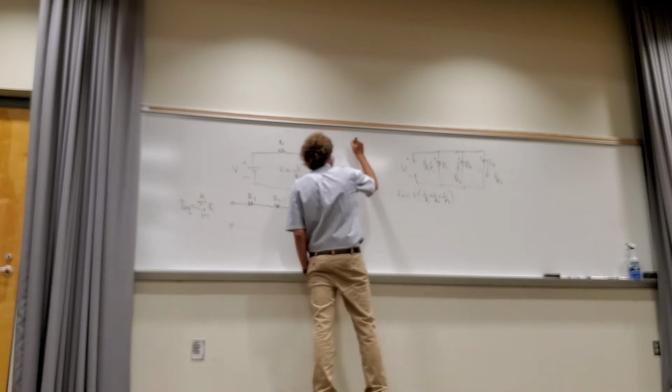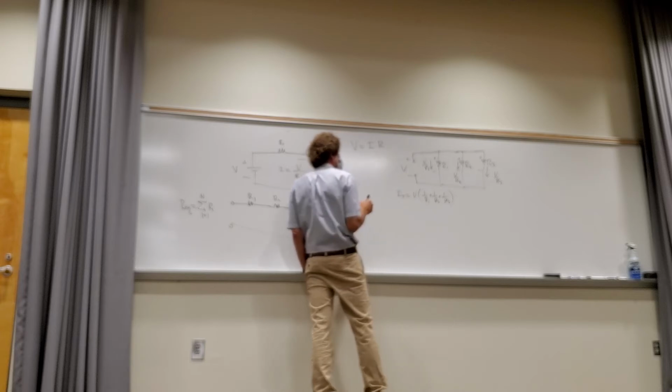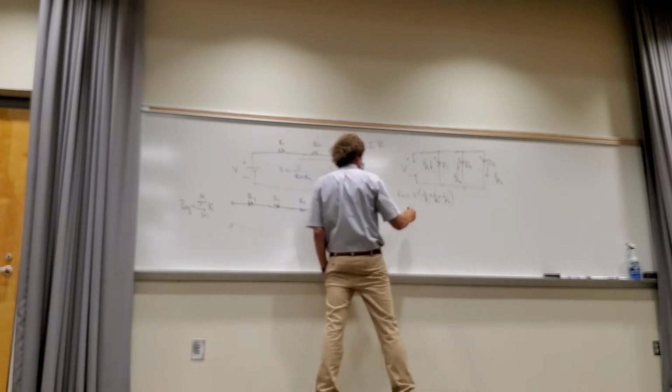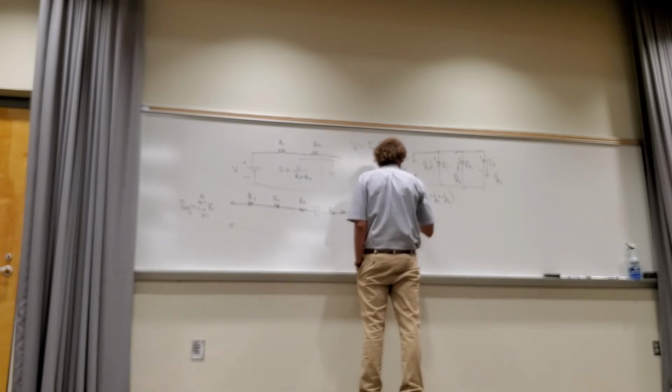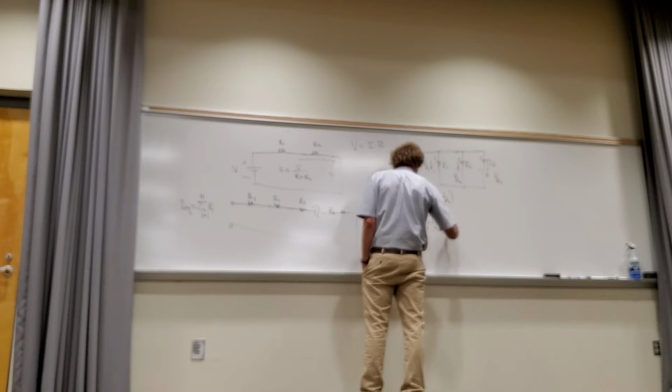Well, then if we want to replace that with a single resistor, think of Ohm's law, V equals I times R, right? That means if I take 1 over this, V over I total would be 1 over R1 plus 1 over R2 plus 1 over R3.